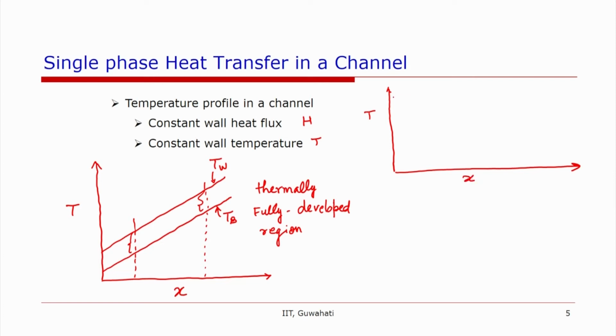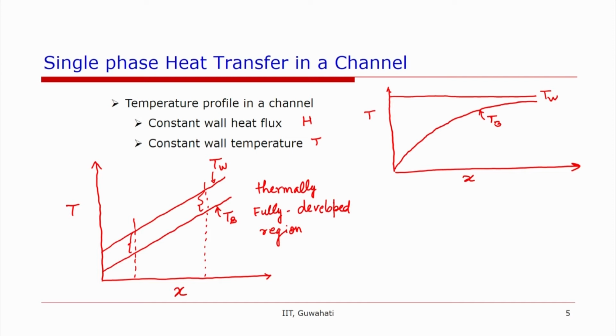So, the temperature of the wall will be a constant because that is what the boundary condition is, and then as the fluid starts flowing in, the temperature of the fluid will increase and then approach the temperature of the wall, and that will be achieved only at infinity.